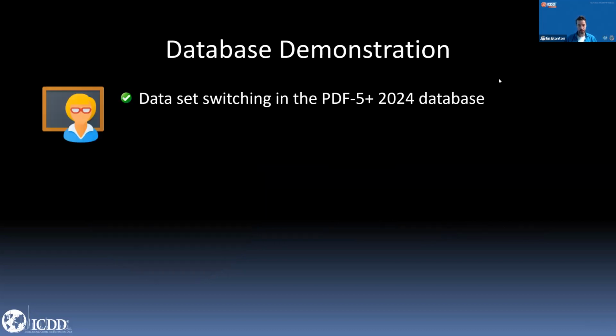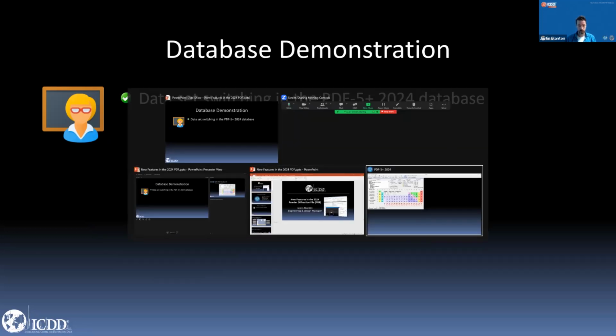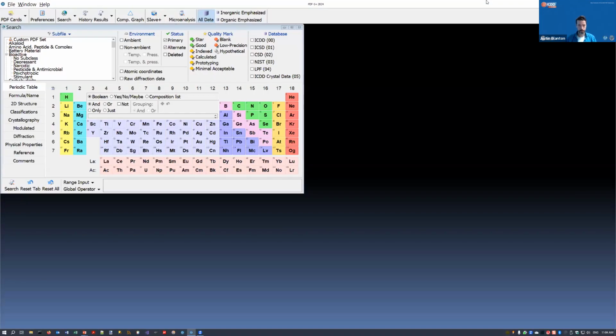So I'm going to show you a database demonstration on how to do dataset switching in the new PDF5 Plus 2024 database. So now I'm going to switch over to the database here. Here's the search form, which many of you might be familiar with.